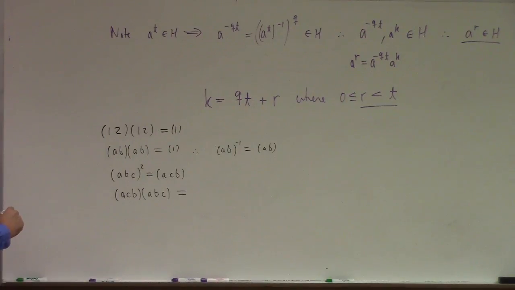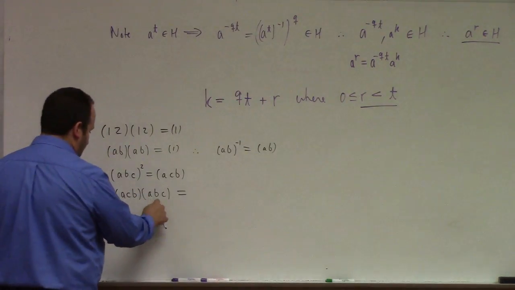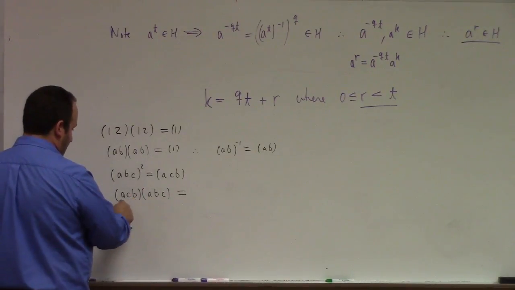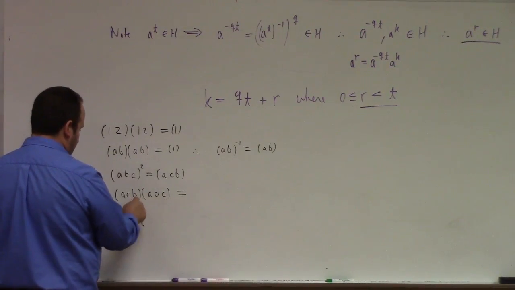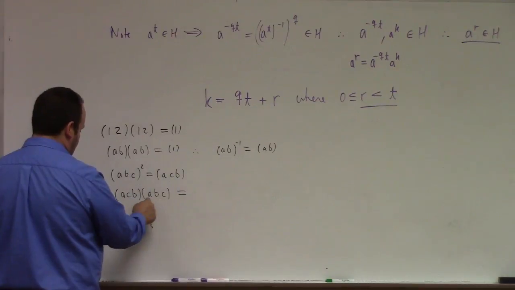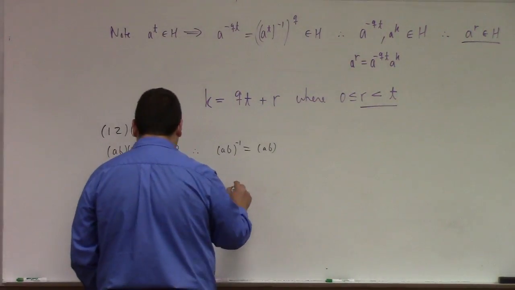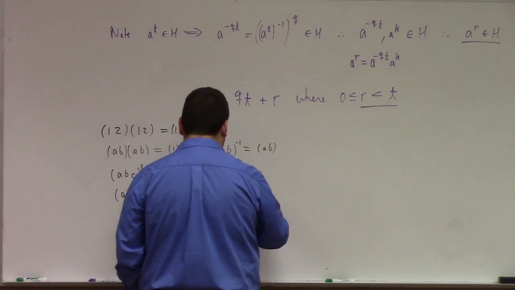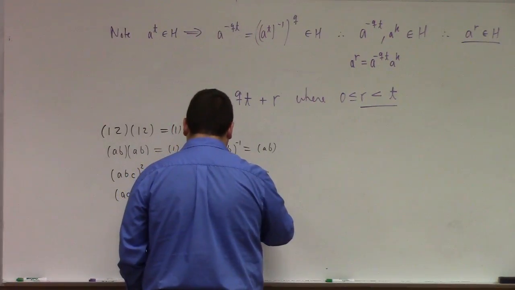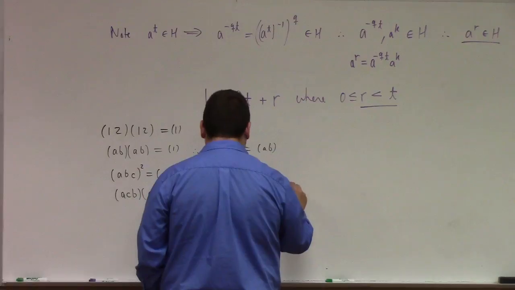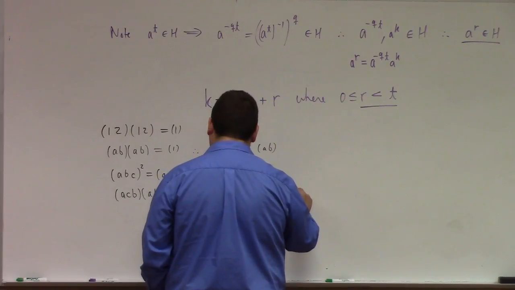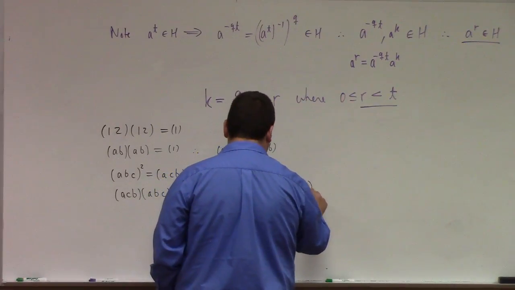I'm going to check it again. A goes to B, B goes to A, good. B goes to C, C goes to B, C goes to A, A goes to C. Okay, yeah, the identity. So let's see if we can see the pattern though. I don't know if I can see the pattern yet. ABC, ACB.